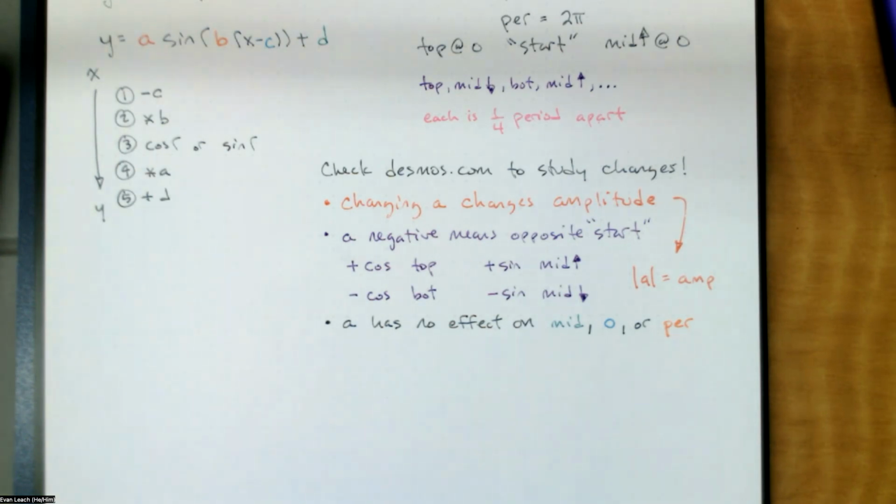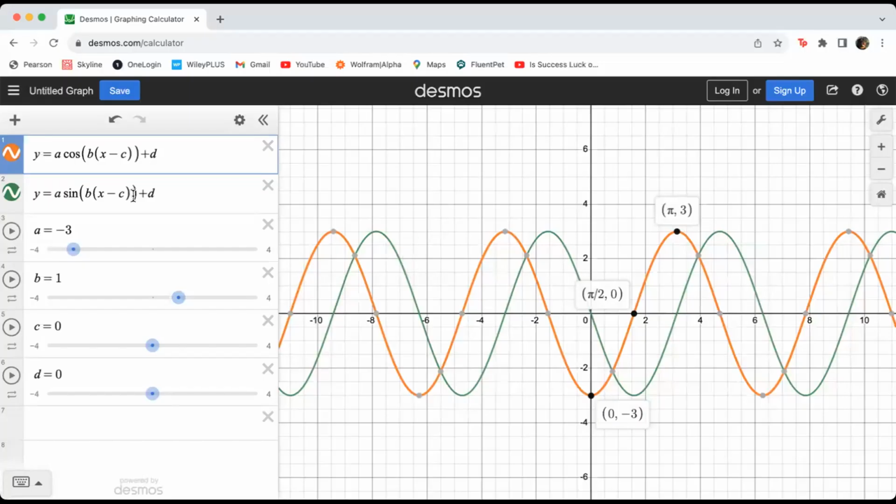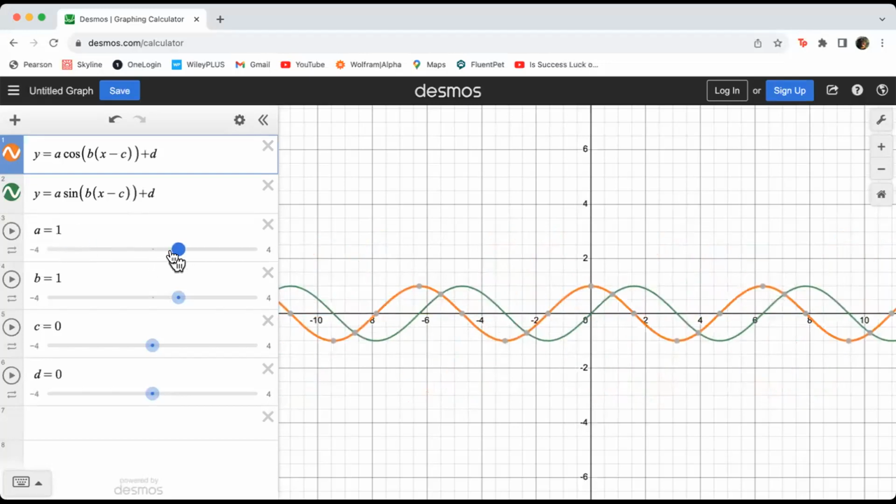So let's jump over to our graph again. Let's put A back to our default. And let's put the value of D in motion. So D is the other operation that's happening after the trig function.